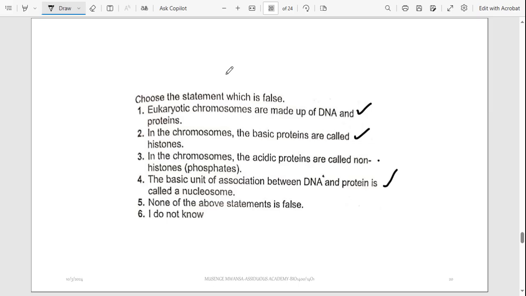All right, so the non-histone proteins are indeed acidic in nature. So this is also correct. So the answer is none of the statements is false.